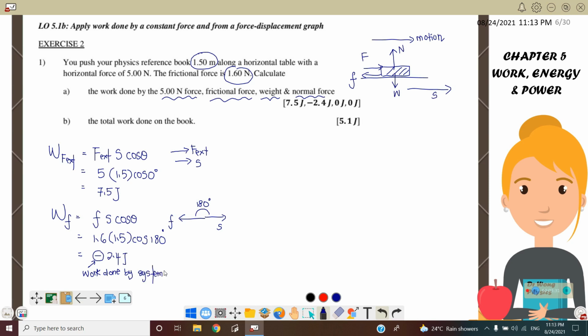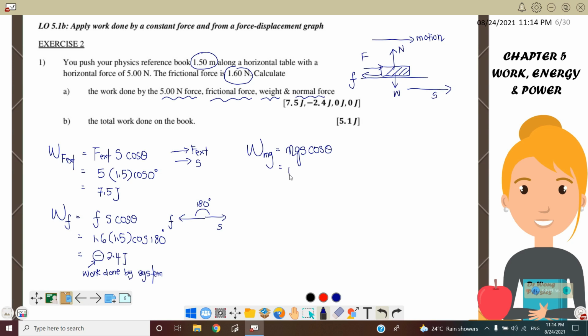Next one is weight. So work done by gravity is equal to mg s cos theta. In this question, I found that no weight is given.